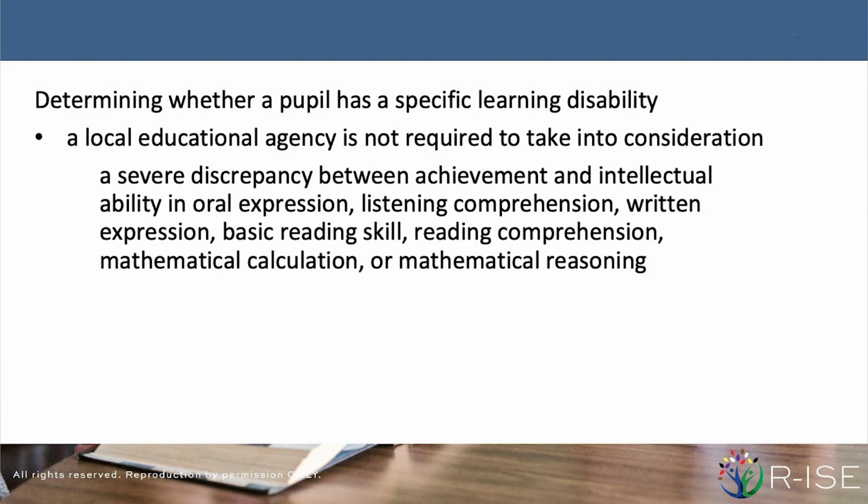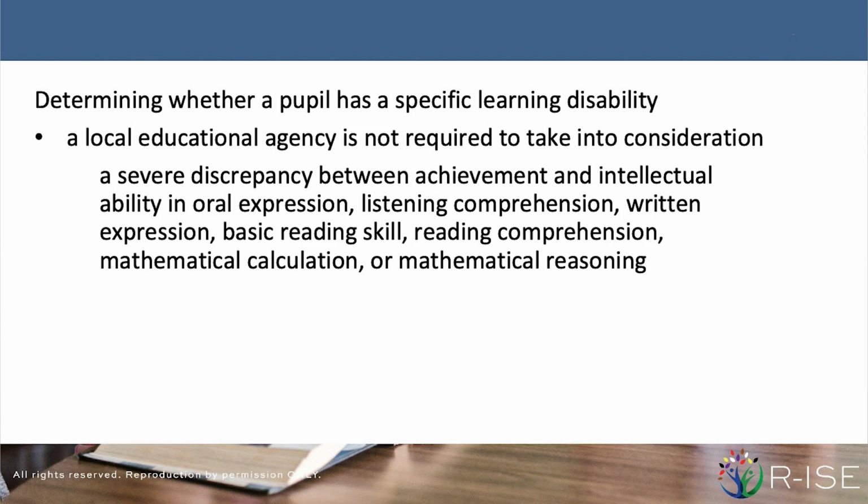A local education agency, or a public school or a county school, must take into consideration the child's ability to reach their achievement. Now, in past years, we used the severe discrepancy model, comparing the child's intellectual ability with their achievement level.